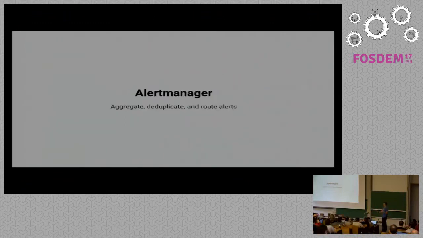Because A, you want to have redundancy, you want to have multiple machines evaluating the same alerts, and you don't want to get duplicates. Also, you want to aggregate alerts. Just because alerts are not super noisy, they can still be quite a lot about a single service. And ideally, you just want to get a single page telling you that something is wrong, and then you have the rest of the time to react and won't spend it acknowledging pages about the same thing. And also, you want to do some sort of advanced routing, and you don't want this to live directly in your monitoring system.